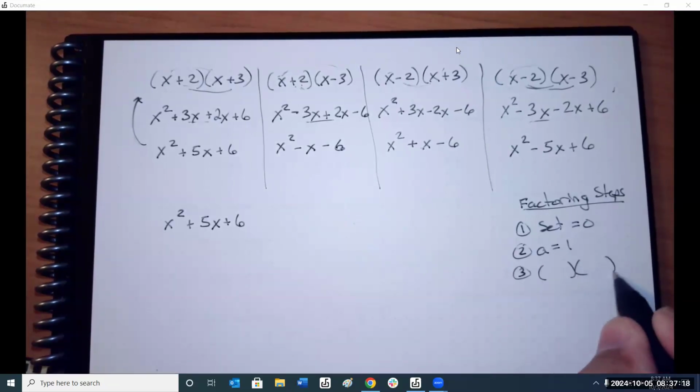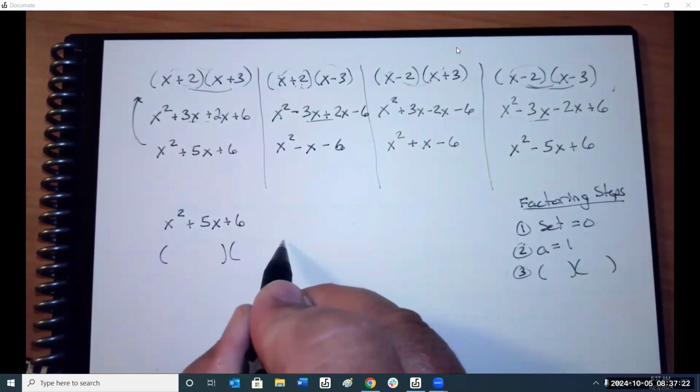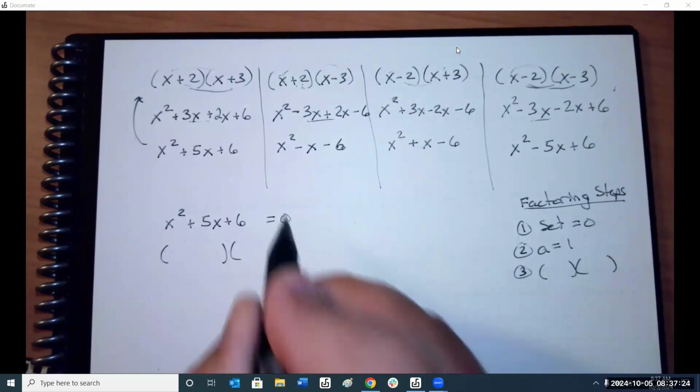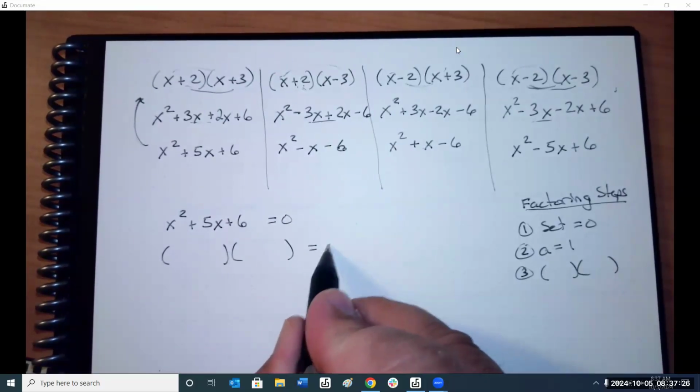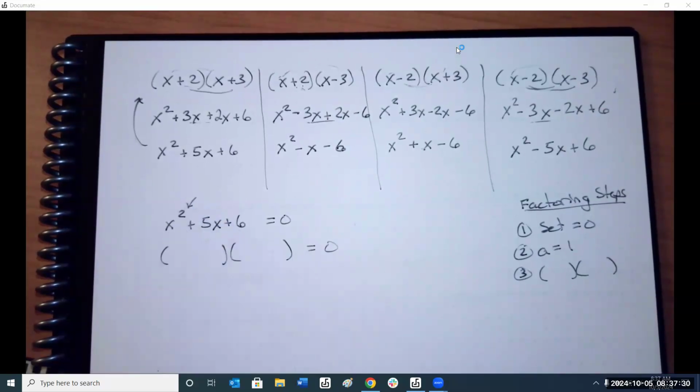Since we're going to factor, put down our two sets of parentheses. Why do we know it's going to have two sets? Because this tells us we have two answers. So we have to break it down to two equations.